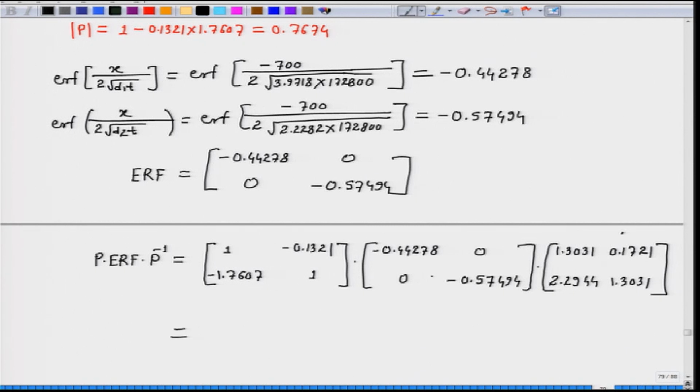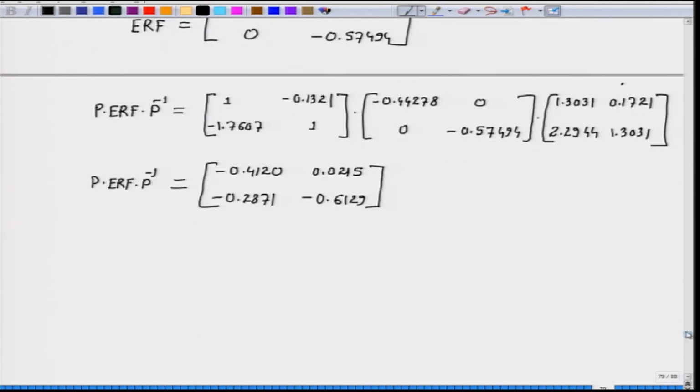So, we can take the product of the first two and then again take the next product. If you solve this, we will get P times ERF times P inverse, a 2 by 2 matrix, of minus 0.4120, 0.0215, minus 0.2871, minus 0.6129.